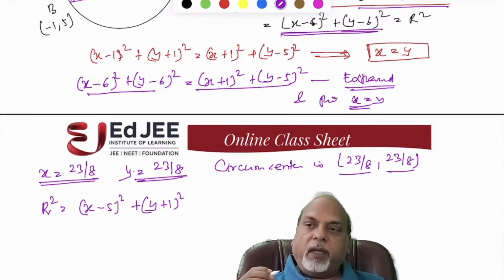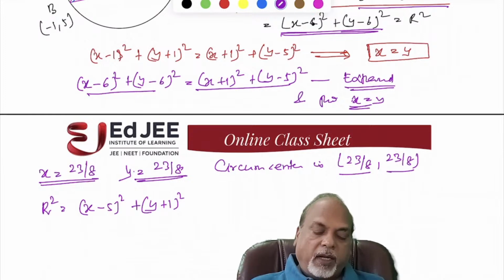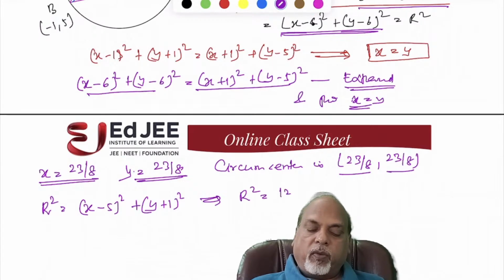Then R square will be 1250 upon 64, or radius is nothing but 25 root 2 upon 8.